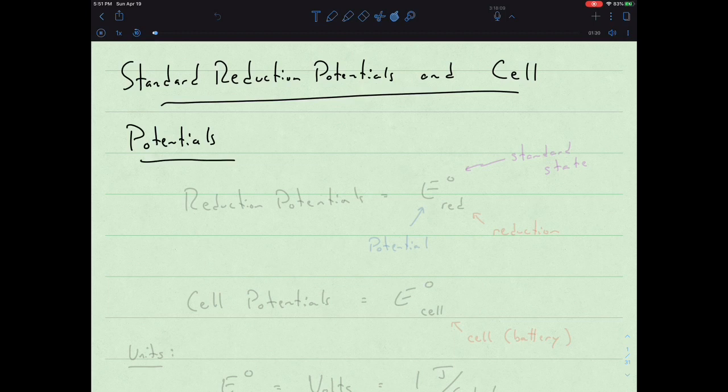As far as some symbology here, reduction potentials have this denotation of capital E. We still have the notion of standard state.